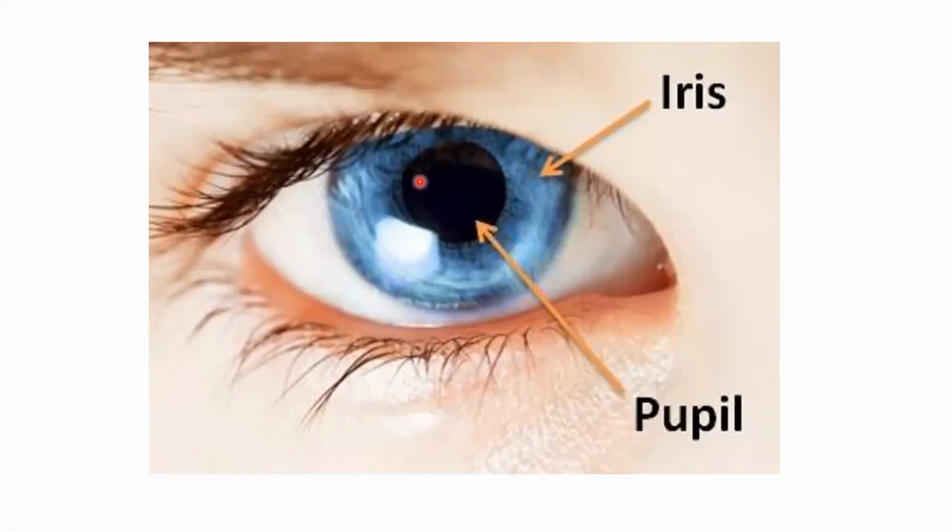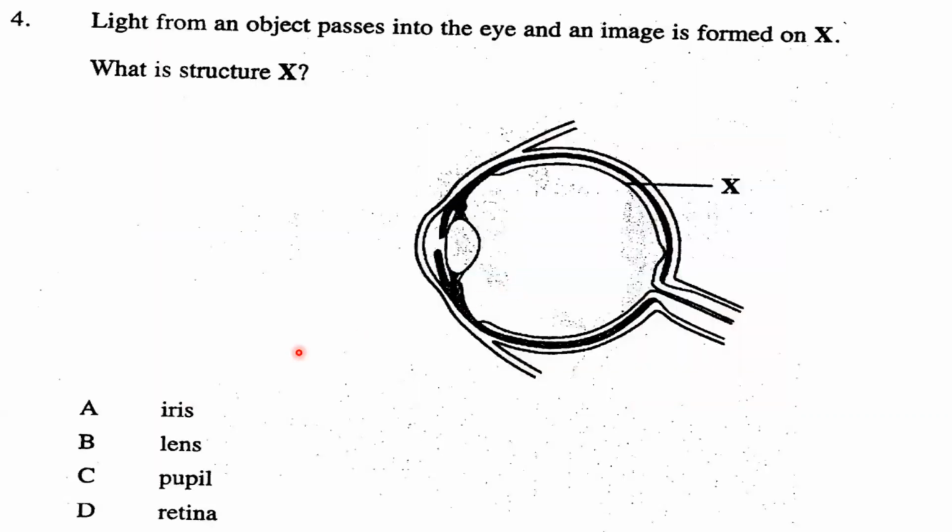You see this person, what color is this person's eye? Blue. Their eye is blue, but when we say their eye is blue, we're really talking about their iris. So the iris is the baby blue part that gives the eye its color. The part right here is not the iris. The iris is not where the image is formed, so it can't be A.